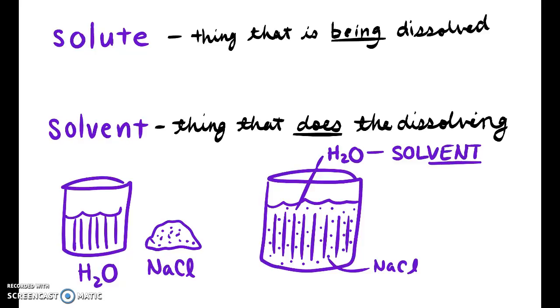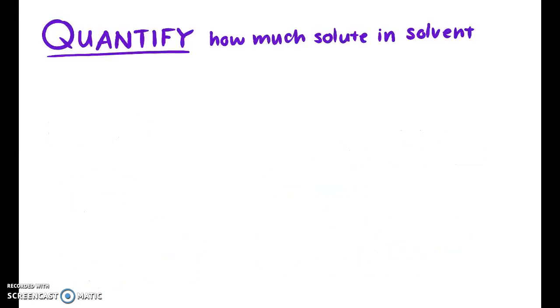It does the dissolving. And NaCl is our solute, the one that is being dissolved. So now we know what a solution is made up of. There's a solute, which is the thing that is being dissolved, and the solvent, which does the dissolving. Together they form a solution.